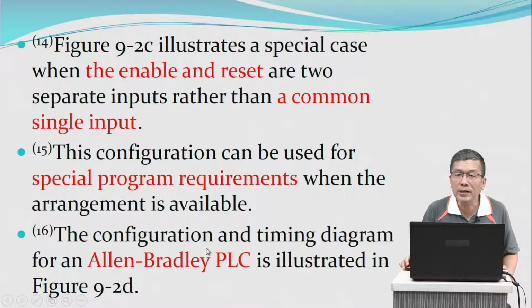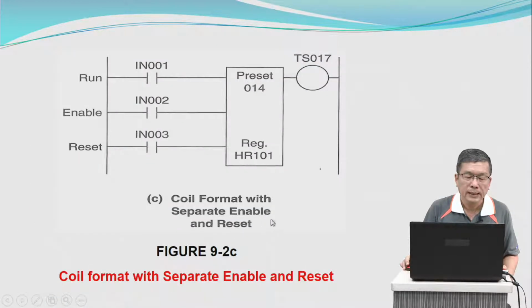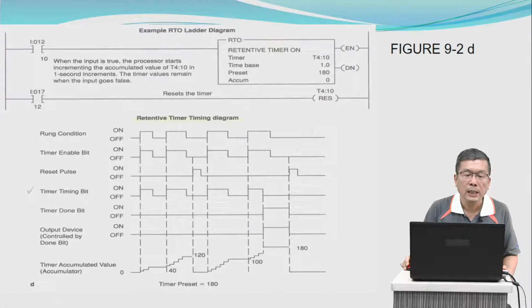The configuration and the timing diagram for the Allen-Bradley PLC is illustrated in figure 9.2d. This picture shows the coil format with separate enable and reset. This picture shows the timing diagram for the timer.